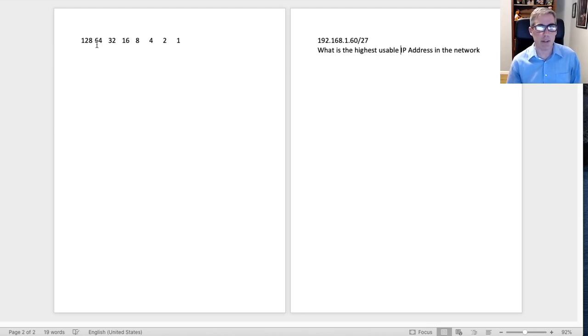So /27. Remember, the 24 bits are the 3 octets on the left. This is the last octet. That leaves us 3 ones here. 1, 1, 1, 0, 0, 0, 0, 0.